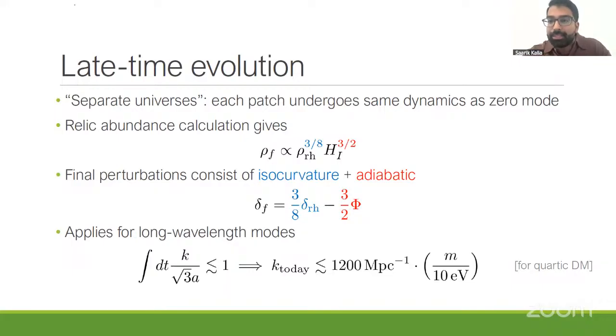And then each of those patches will just follow the same dynamics as the zero mode, the different phases of evolution that I showed you for the zero mode. And so the end result will be just modified by the slightly different initial conditions.